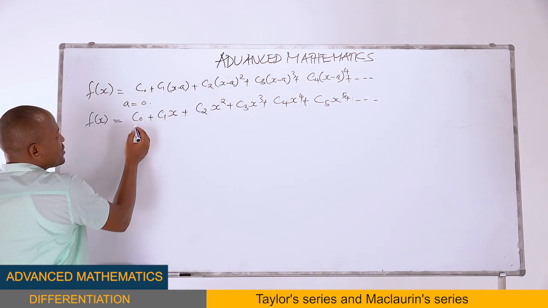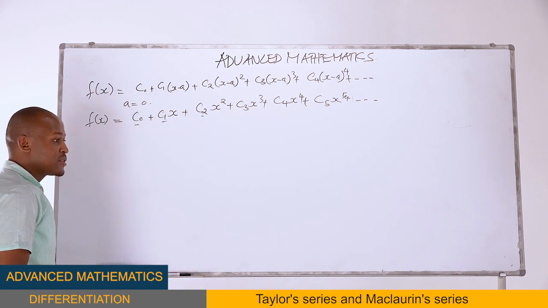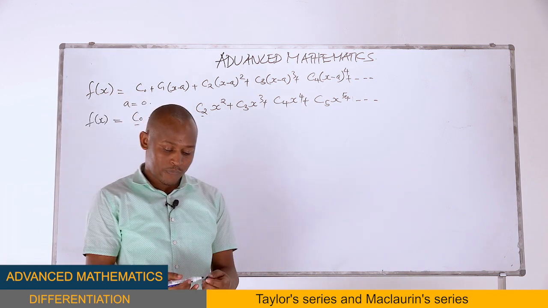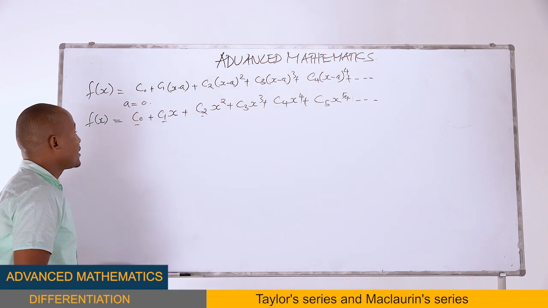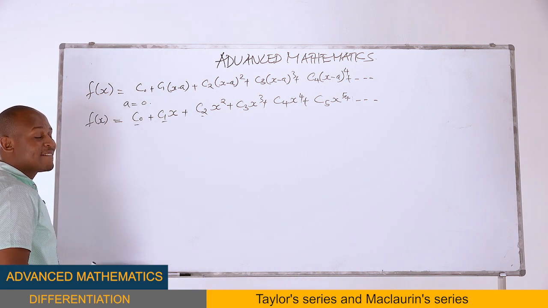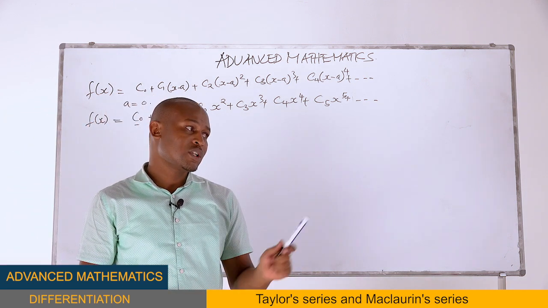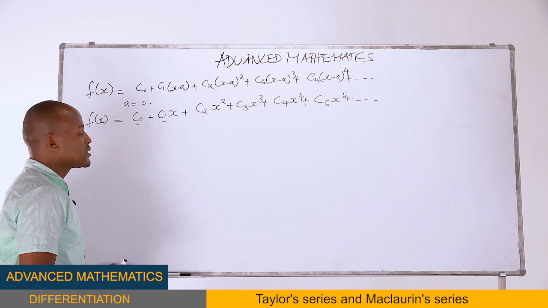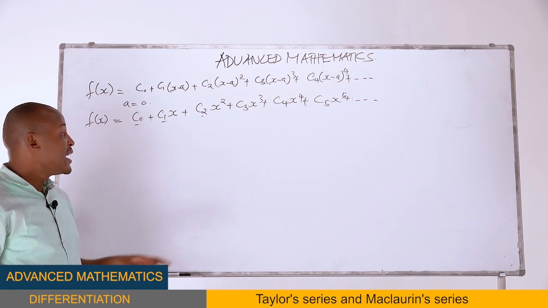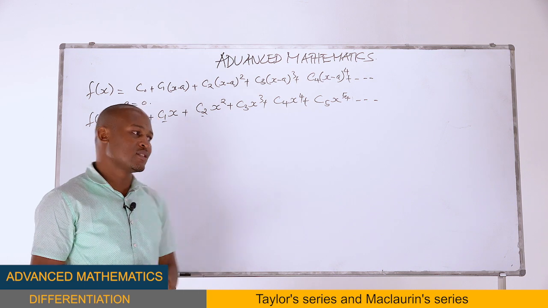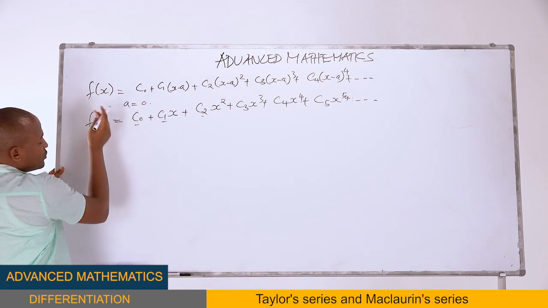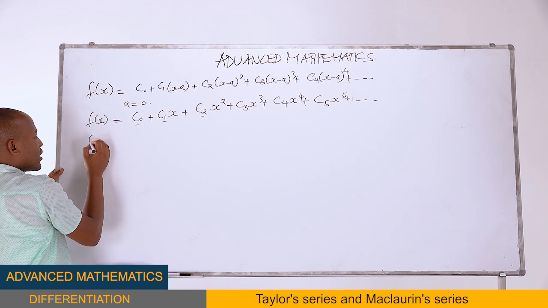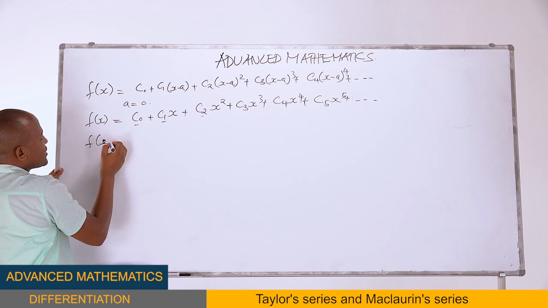Again, we are supposed to find the value of those c's, as we did in the previous Taylor's series. After that, we are going to evaluate when x is equal to 0. There we evaluated when x is equal to a. Now we are going to evaluate when x is equal to 0. Let's start by evaluating the first one. That is to say, we are going to have f of x.